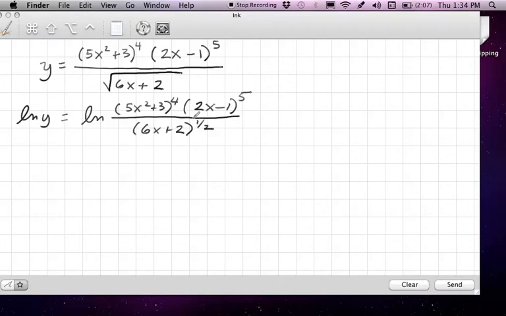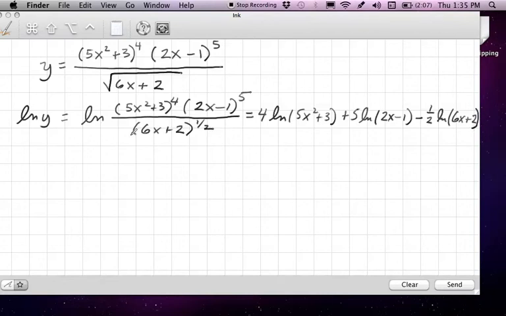Now I in turn can use the rules of logarithms to rewrite this, so I'm going to do that right here. So this is 4 natural log of (5x squared plus 3) plus 5 natural log of (2x minus 1) minus 1/2 natural log of (6x plus 2).